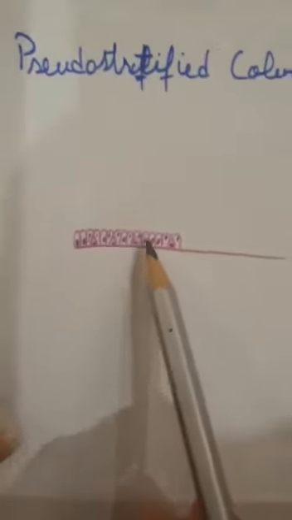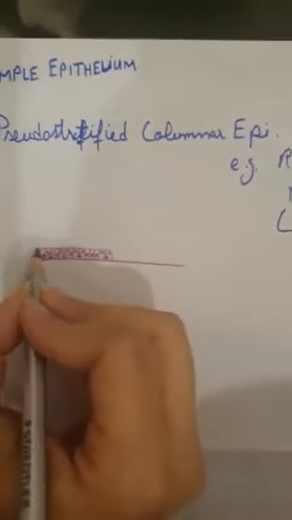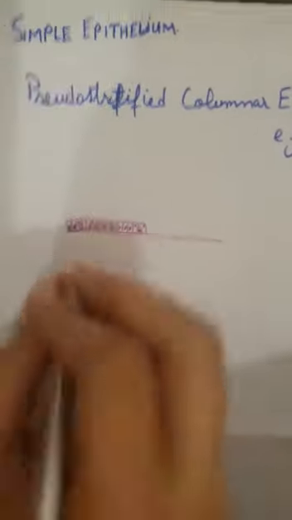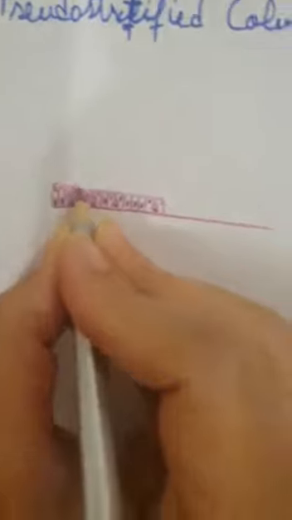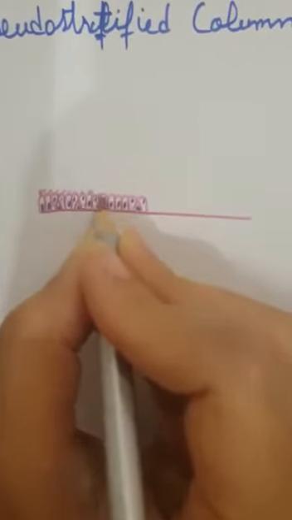Now, in pseudo-stratified columnar epithelium, there may be cilia present, which are a modification. Here you can see the cilia, which lie on the columnar cells, or the stereocilia, which lie in the ductus deferens. Thank you so much.